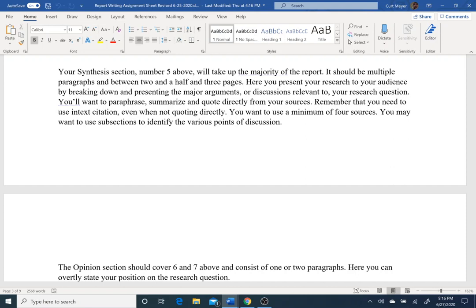You really need a synthesis that is at least somewhere around 2 pages long, if not longer, because that is the report. In essence, your synthesis is the report. Okay, and you need to correctly and appropriately cite sources in that synthesis.